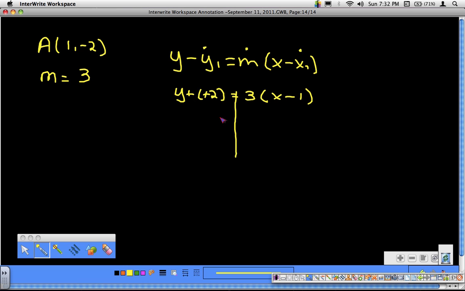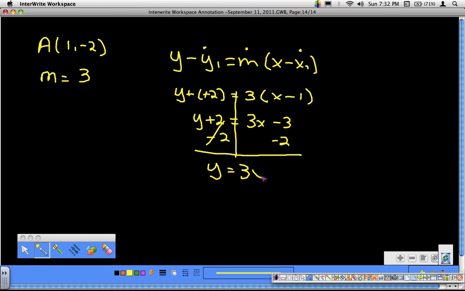Y plus 2 equals, I can do distributive property, 3 times x, 3 times negative 1, and then I just subtract 2 from both sides. That reduces, I get y equals 3x minus 4. So there's the equation that would include the point 1, negative 2, and have a slope of 3.